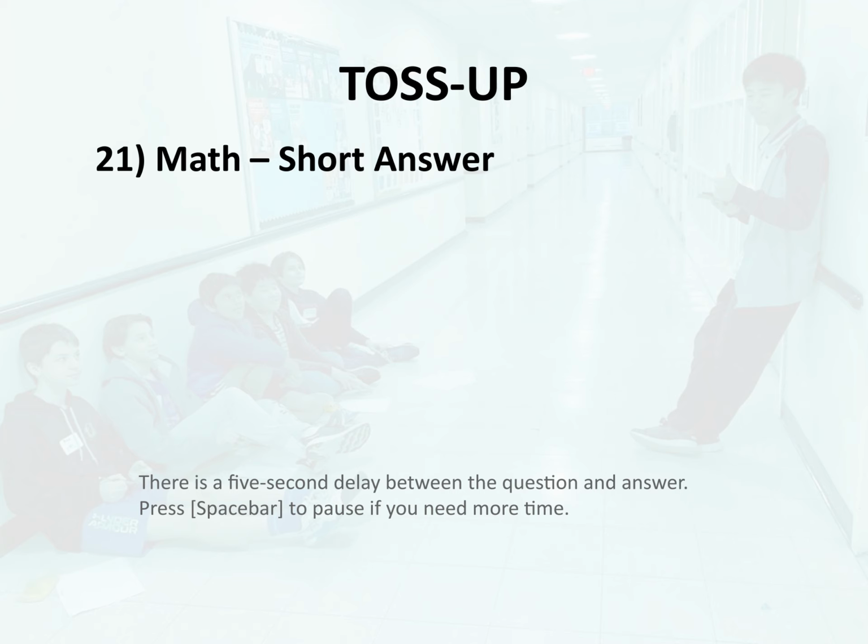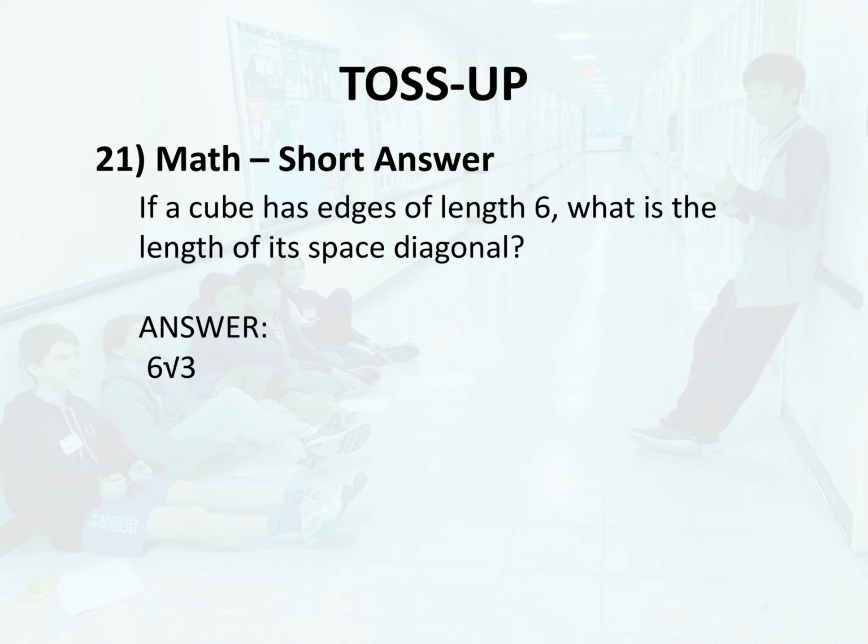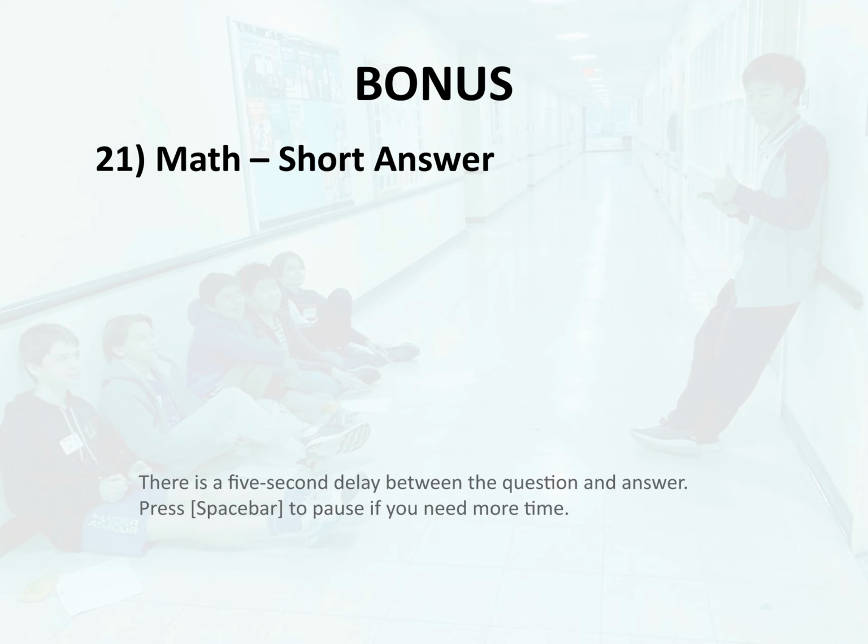Toss-up 21. Math, short answer. If a cube has edges of length 6, what is the length of its space diagonal? Answer, 6 square root of 3. Bonus 21.